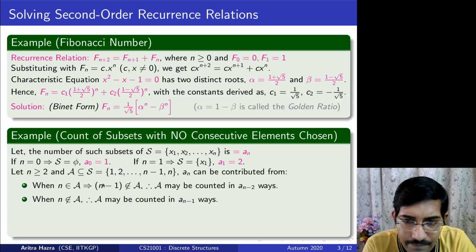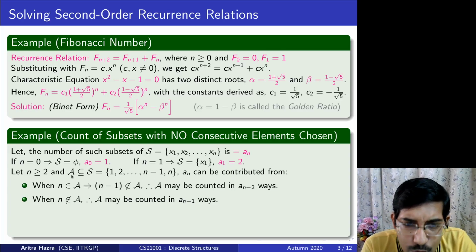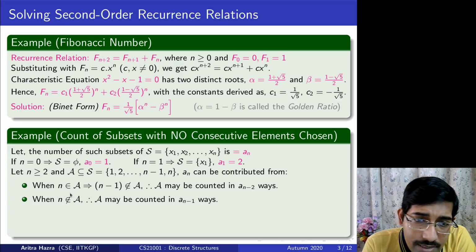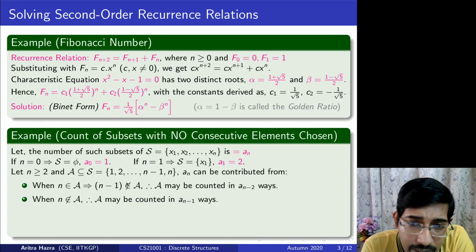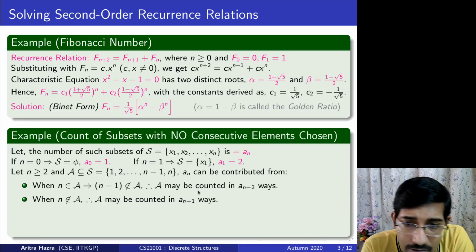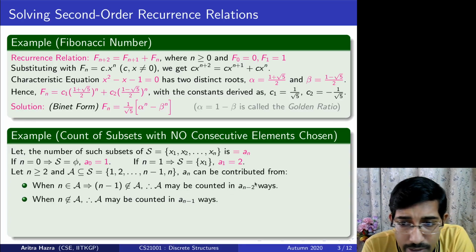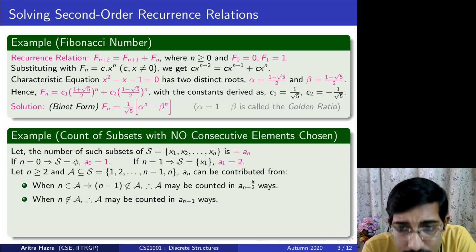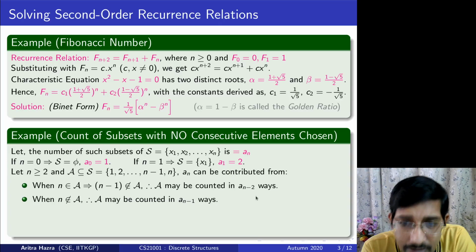If I choose my nth element in my subset, then I cannot choose the n-1th element. So all the subsets that I can form with n-2 elements, with the nth element added, are the answer. So this may be counted in an-2 ways. That is, all subsets of n-2 elements, and to every subset I just add the nth element.